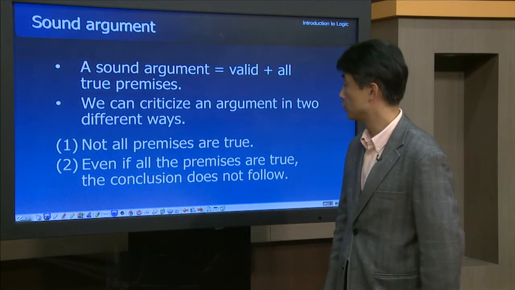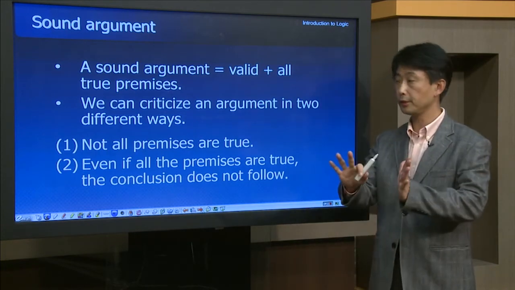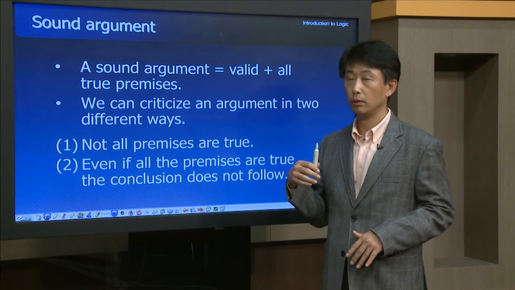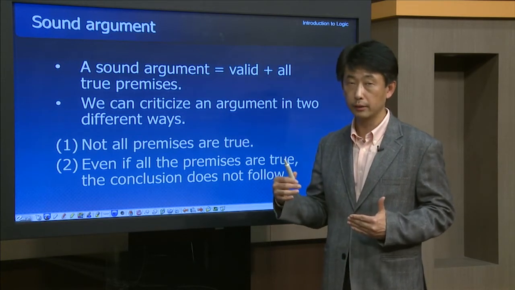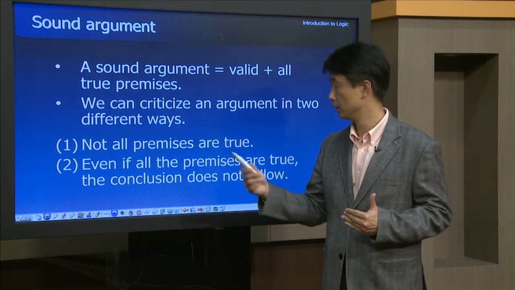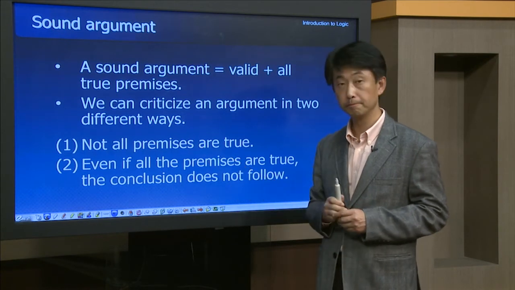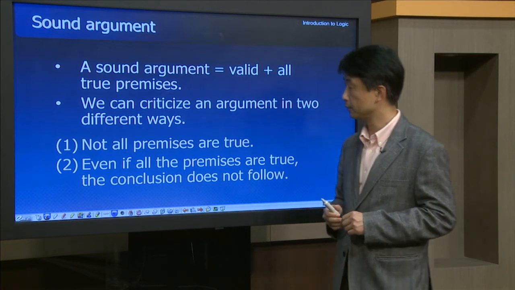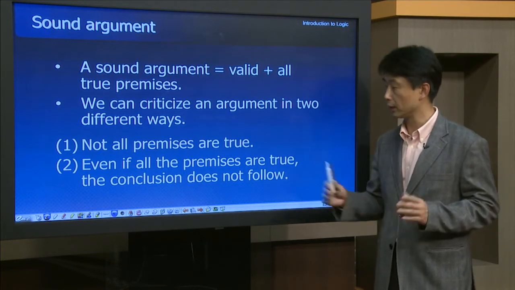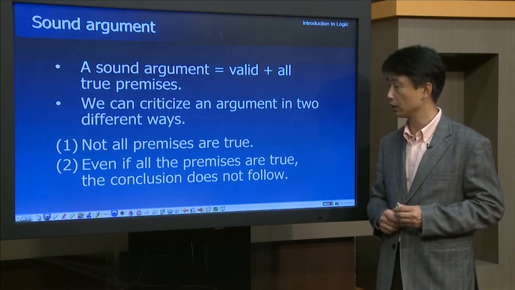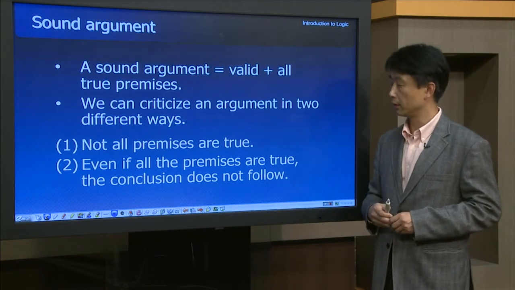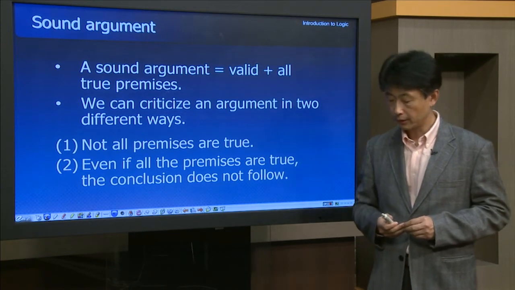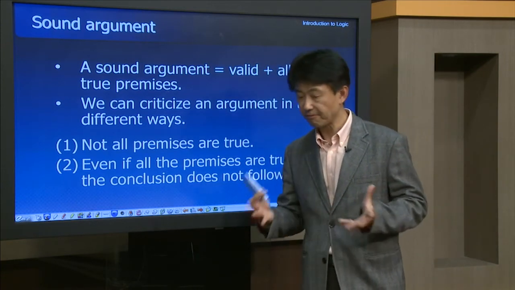So in the previous example, we have seen one way to attack an argument. That is the first way. There are other ways you can criticize an argument: you can try to show that an argument is not valid.